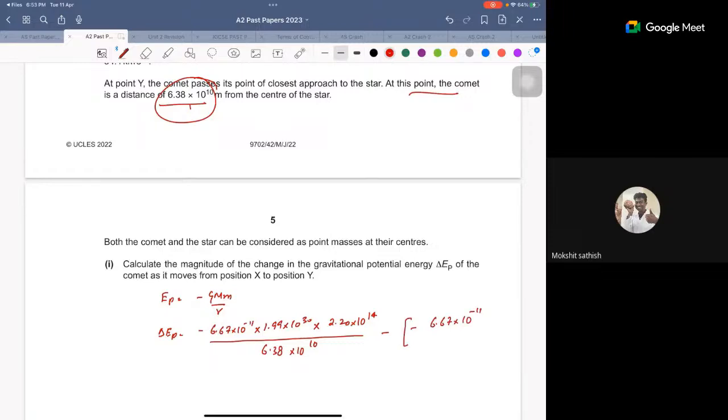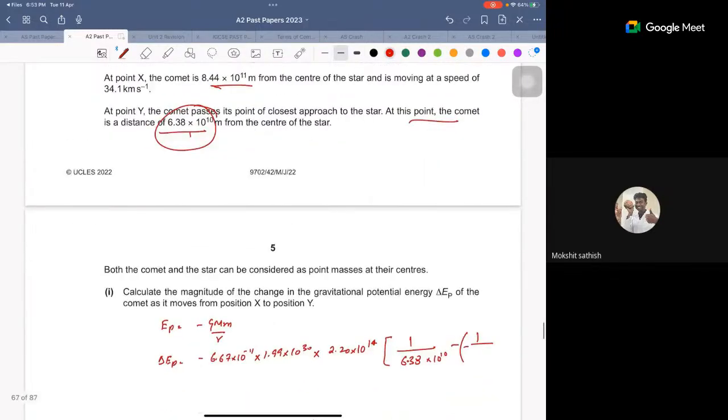Writing this sign is very important. Don't write all the values again, we can do it like this, that's easier to manage. Minus 8.44. Okay, let's put minus in.